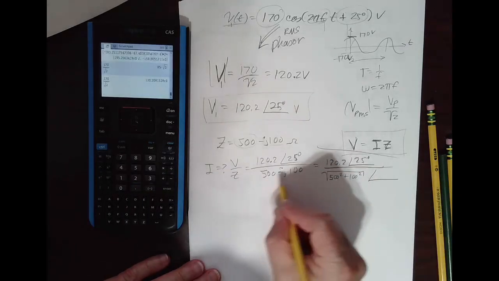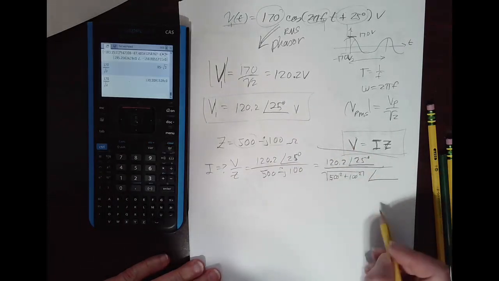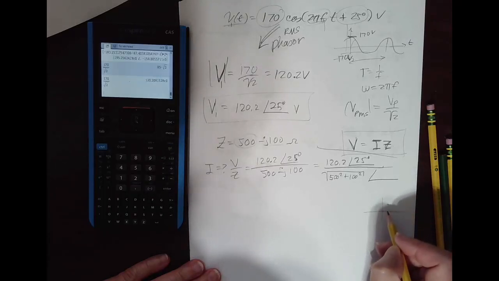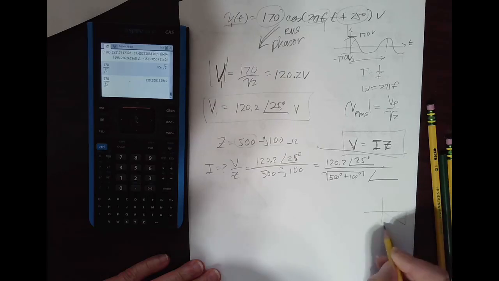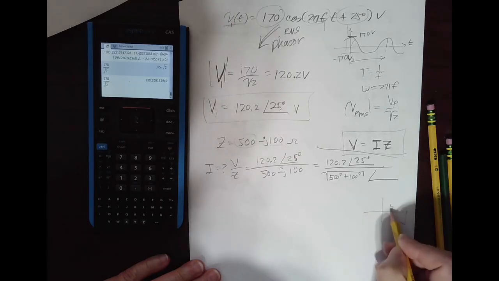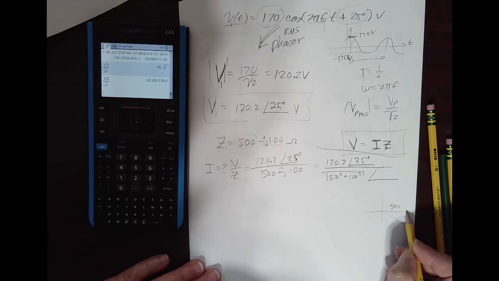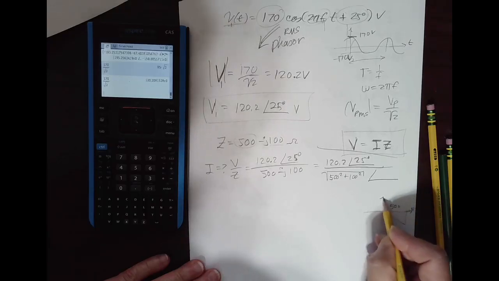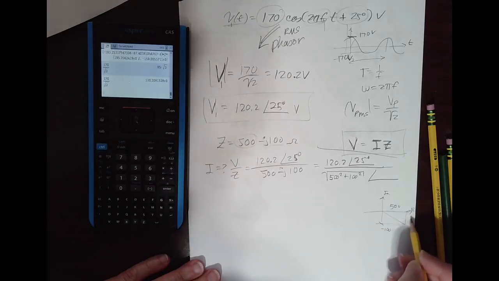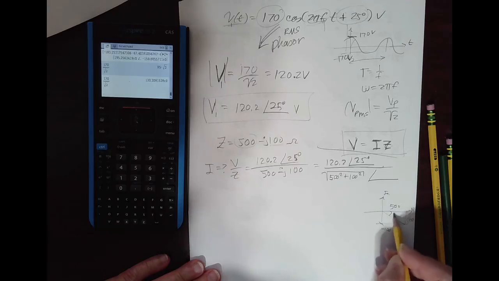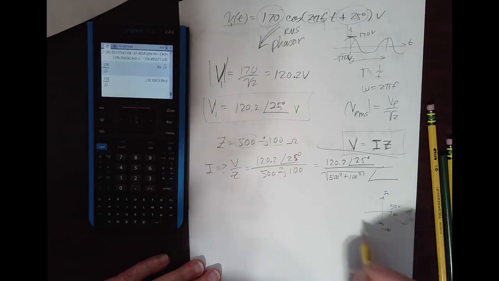What is the angle? You've got to draw the picture. You've got positive 500 and negative 100. This is real, this is imaginary. The real part is 500 and the imaginary part is negative 100, so this side of the triangle is 100. Theta is here.